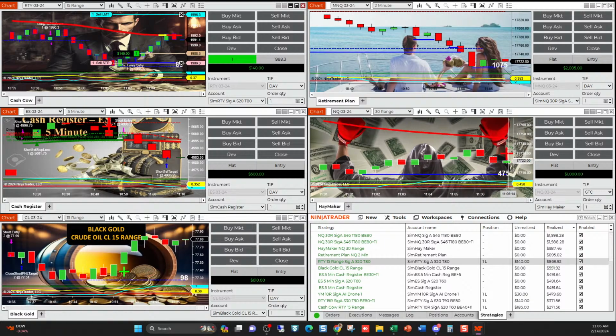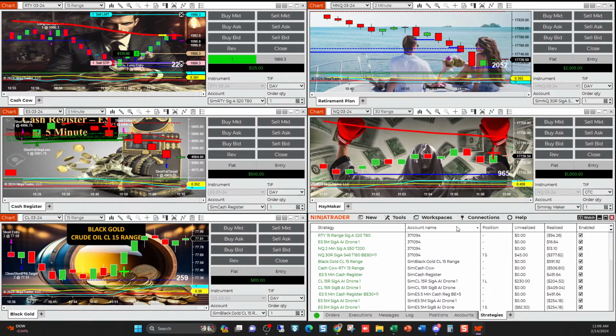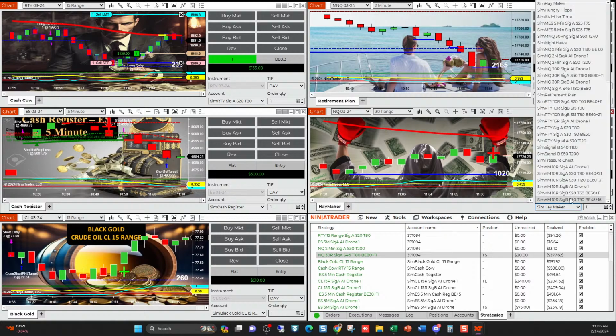So I tend to watch this over here, and so it just gave me that red cross over here. I would then jump in on a short trade over here with the RTY manually, trying to use this NQ as sort of my lead on what direction to go. Order submitted. Okay, that one just jumped in on that little weak signal.